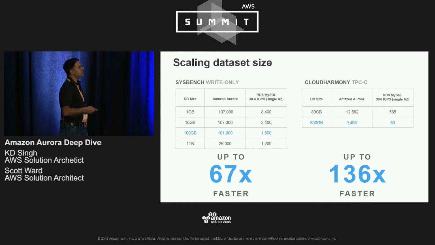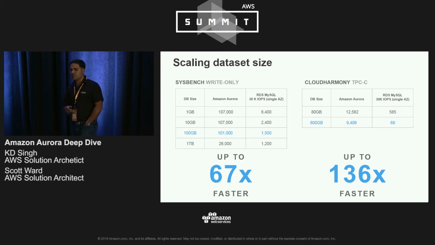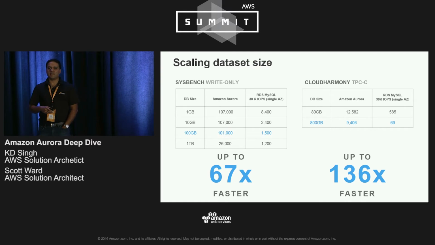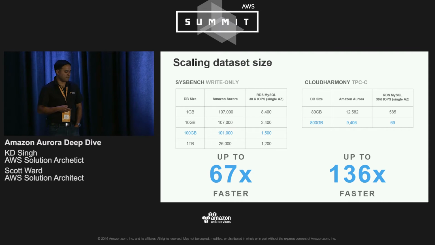It was stable up to 100 gigabytes, and then it went down about 4x. But with RDS, its performance dropped more, and it dropped earlier than in Aurora. So we essentially see Aurora performing up to 67 times faster in this case, in the case of scaling your data sets.